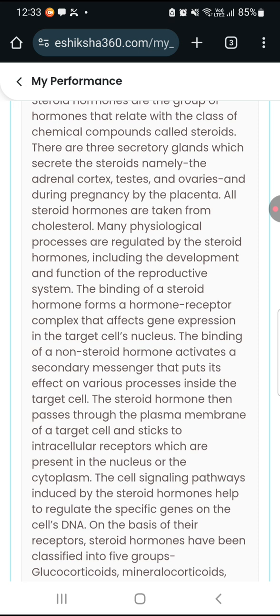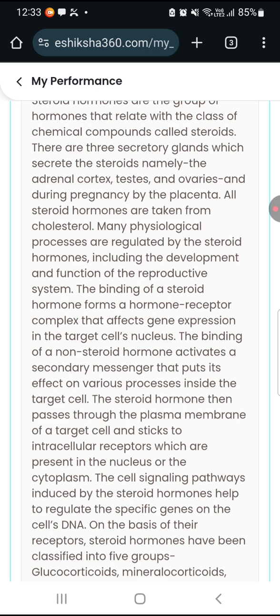The binding of a steroid hormone forms a hormone receptor complex that affects gene expression in the target cell's nucleus. The binding of a non-steroid hormone activates a secondary messenger that puts its effect on various processes inside the target cell.